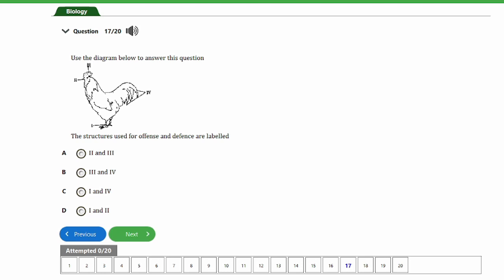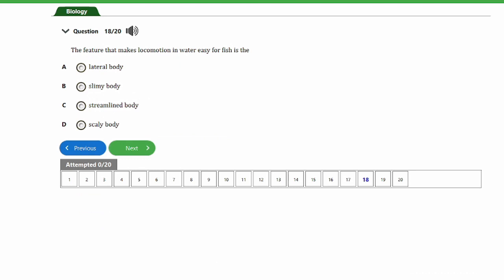I is the feet and II is the beak. So these are the structures that are used for offense and defense. So this is a hen here. The two structures used for offense and defense in this hen are the feet and the beak. So let's look at the next question, question number 18.